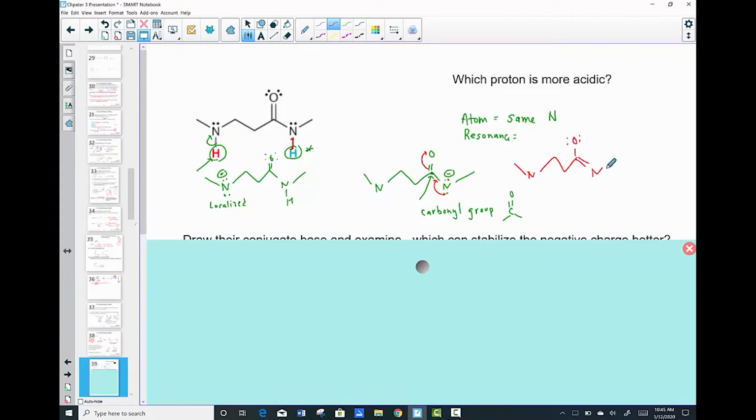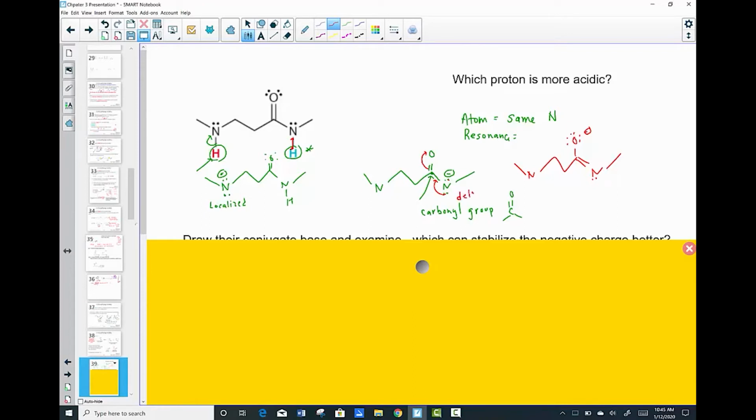I've moved the electrons from up here, and the oxygen is now carrying the negative charge, and the nitrogen developed no formal charge, 3 bonds and 1 lone pair. So this is what we refer to as a delocalized set of electrons.